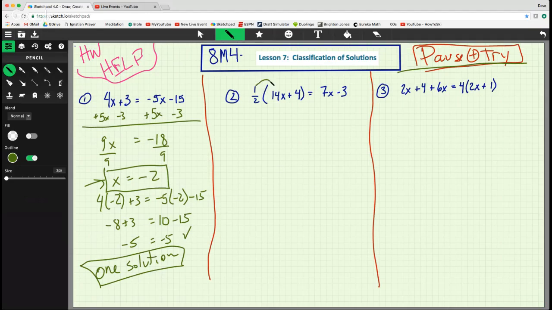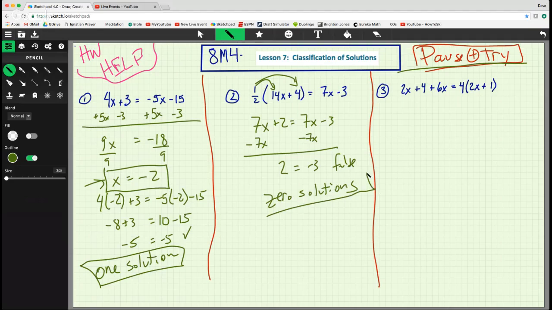Number 2. That distribution thing rears its head. Let's distribute. 7x plus 2 equals 7x minus 3. Subtract 7x from both sides. 2 equals -3. Well, that's false. So I have 0 solutions. Okay, so this is probably infinite, but maybe I tricked you. We'll see.